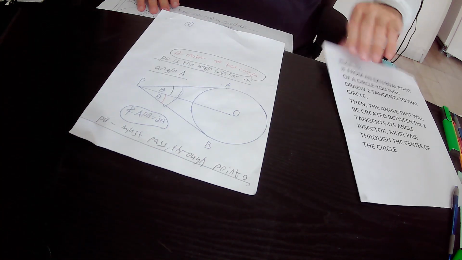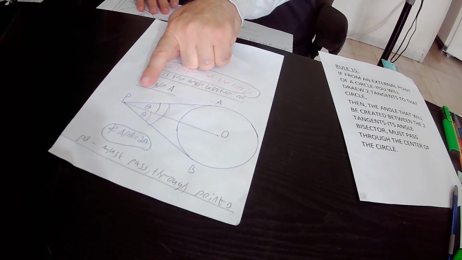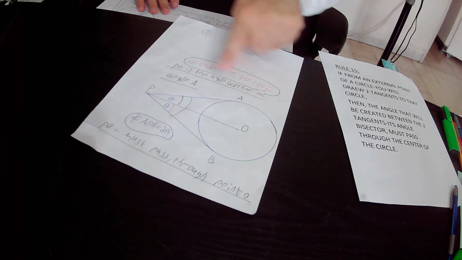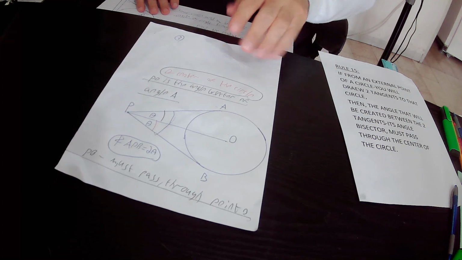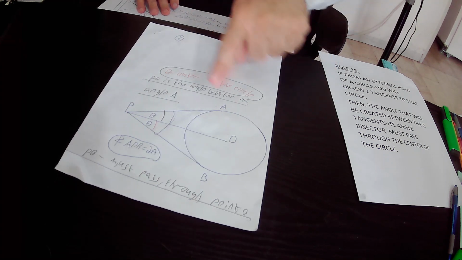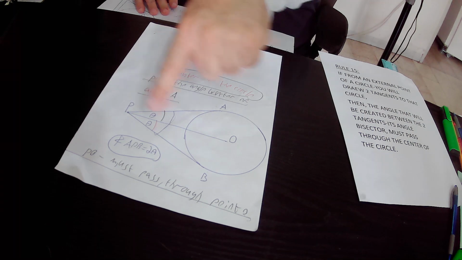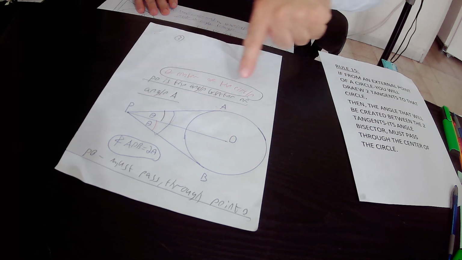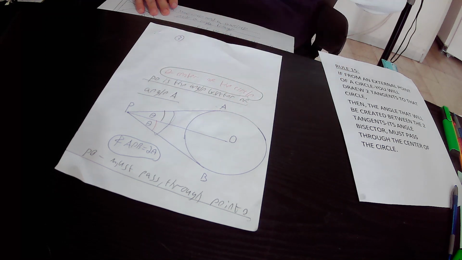So here we have the external point, point P. From this common external point P, we draw two tangents to this circle, tangent PA and tangent PB. By drawing those two tangents PA and PB, we created here angle APB.